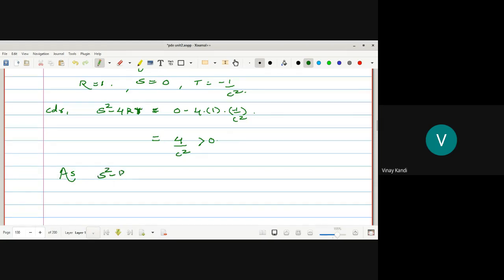As s square minus 4rt is greater than 0, equation 1 has which form? Hyperbolic form, greater than 0. Hyperbolic canonical form. Okay, any doubt up to here?